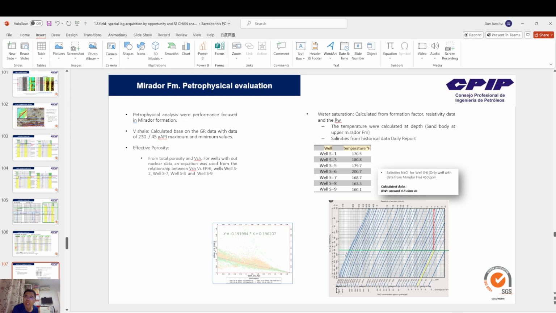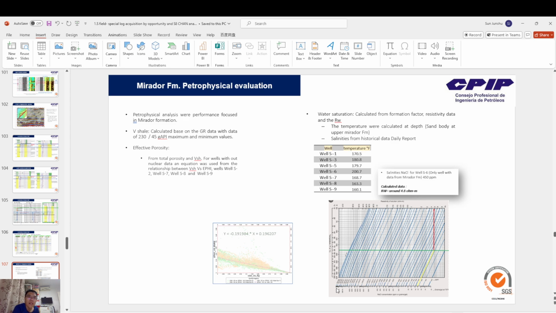Effective porosity from total porosity and shale volume. For wells without nuclear data, an equation was used from the relationship between shale volume versus porosity: wells S2, S7, S8, S9.